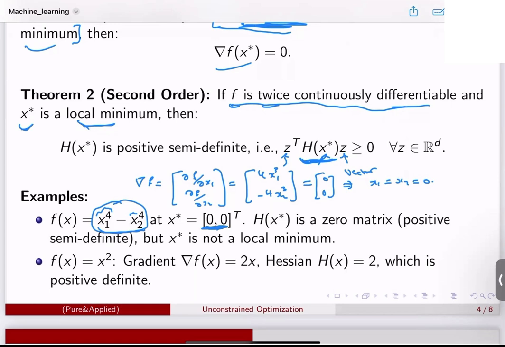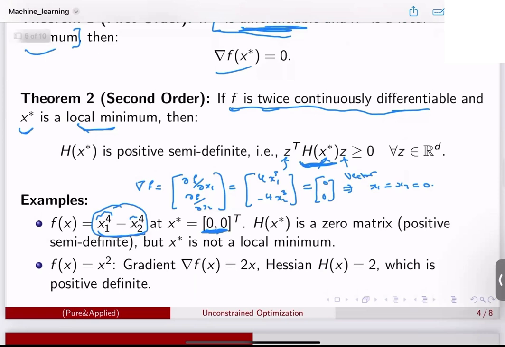So we basically need some more tools. It's not enough to take the critical point. As an illustration that this theorem is not enough to give us this conclusion, take it as an exercise and compute the Hessian, and see that the Hessian matrix will be the zero matrix.